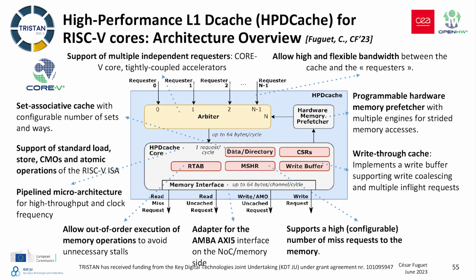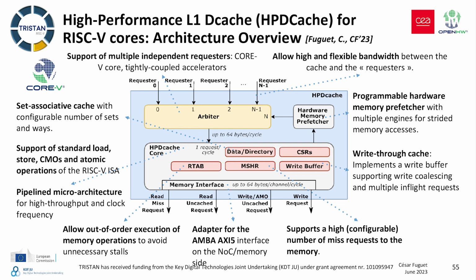So let's talk a little bit about the architecture of the cache. There is a bunch of features there. You have the cache in the middle. In the upper side, you have requesters. These requesters are either RISC-V cores or accelerators, for example. You can have several request ports; it's a configurable number of request ports.